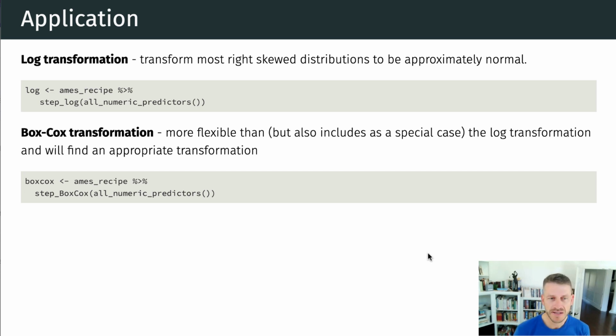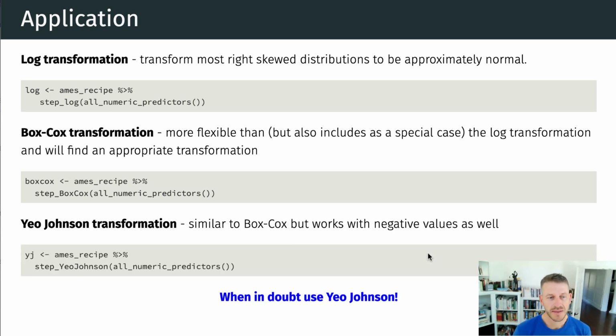Now, there is a problem with the Box-Cox transformation, and that's that if you have negative values, or values less than 0, a Box-Cox transformation actually cannot always be applied. So there's a special case that's called a Yeo-Johnson transformation.